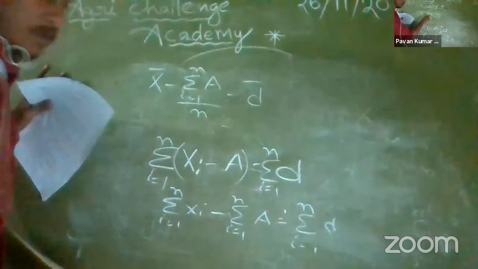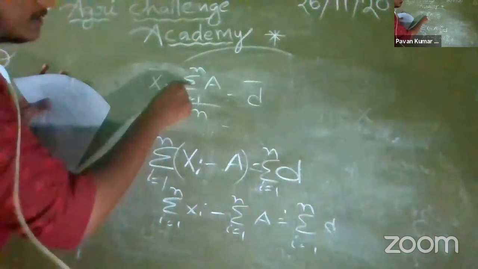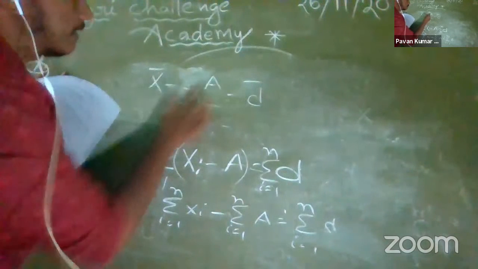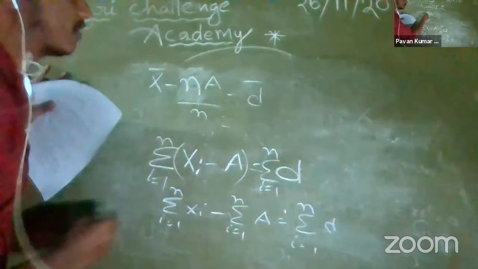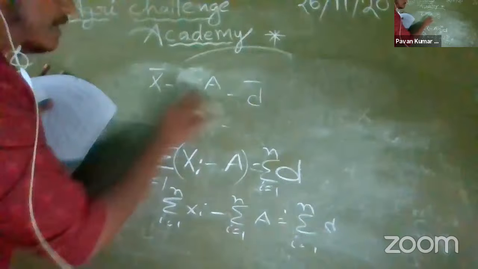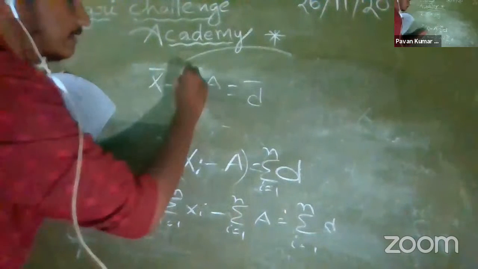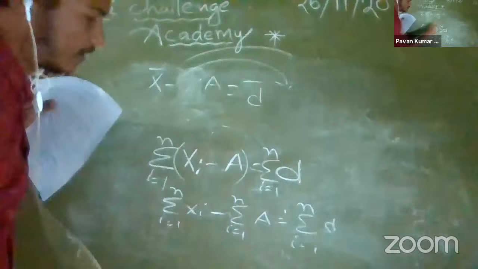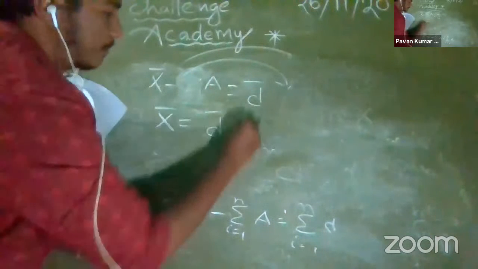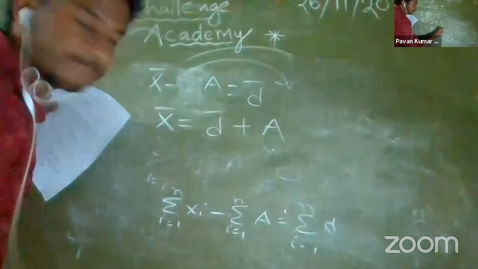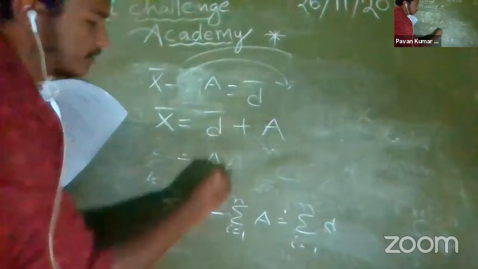Now this is a constant summed n times, so it becomes n times that constant. Now cancel this n, and you will get x bar minus a equals d bar. Taking a to this side, the formula becomes x bar equals d bar plus a, or a plus d bar. In most books we write this as a plus d bar.